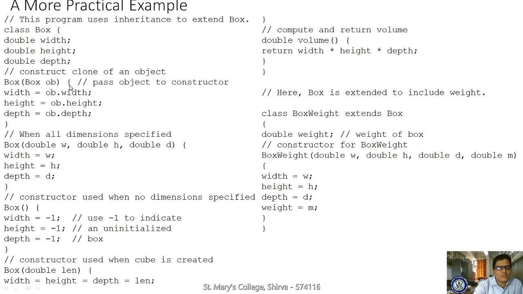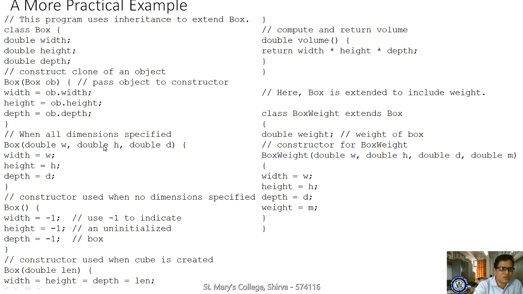What am I passing as an argument? I am passing an object as an argument. Width is equal to ob.width, height is equal to ob.height, depth is equal to ob.depth. So whatever variables you have specified, through this object you are assigning those values in this constructor. And one more constructor I am taking with different parameters: double w, double h, double d.